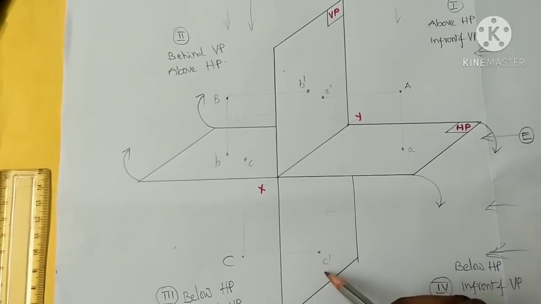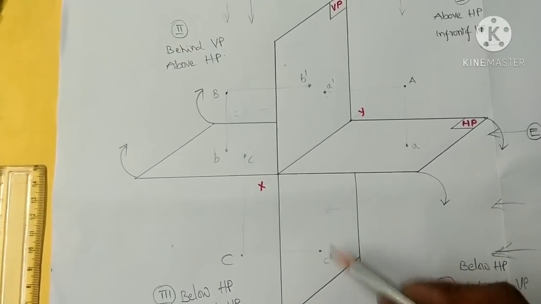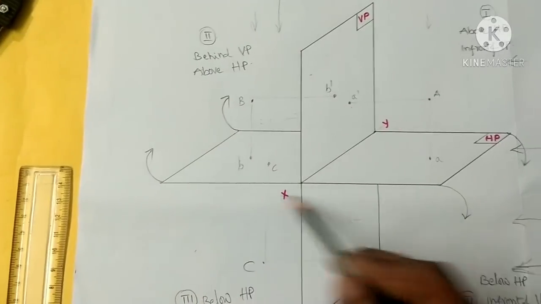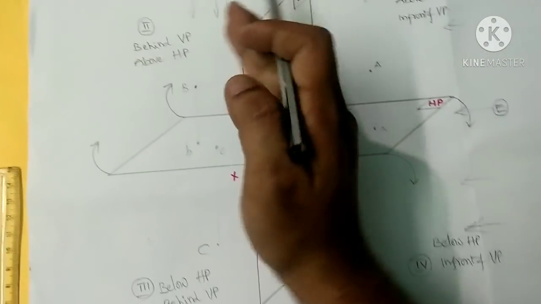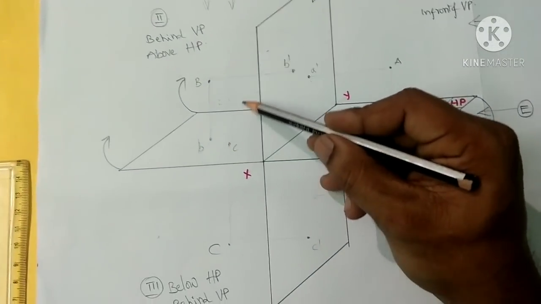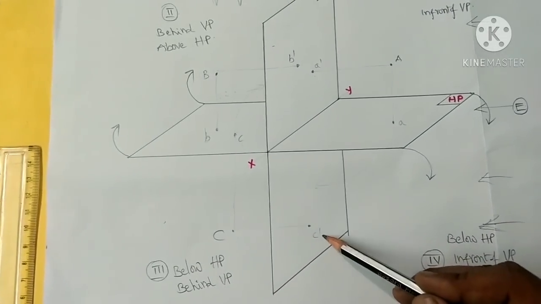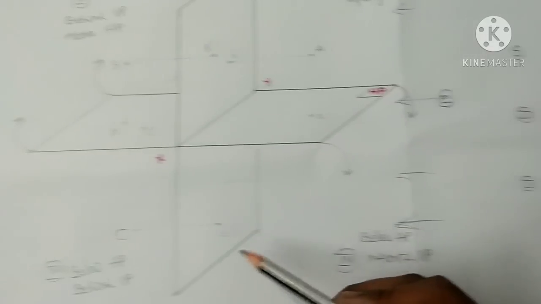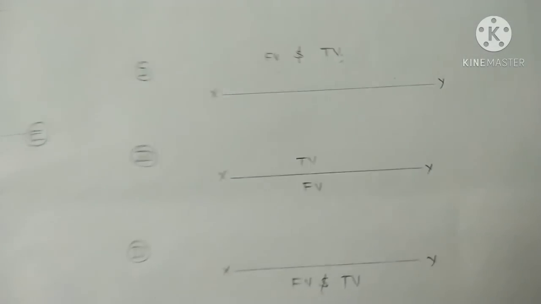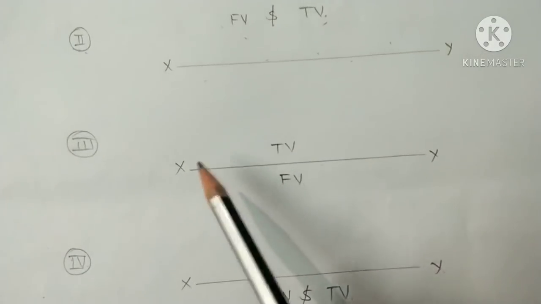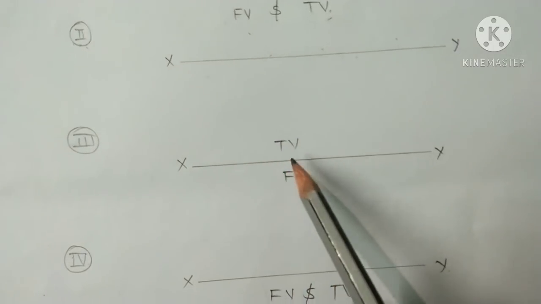Front view is already located on the fixed plane, that is below the reference line. After rotation of the horizontal plane has been completed, this one moves upwards. So top view moves upwards. So we can show the views according to the third quadrant in this way: above the reference line top view, below the reference line front view.